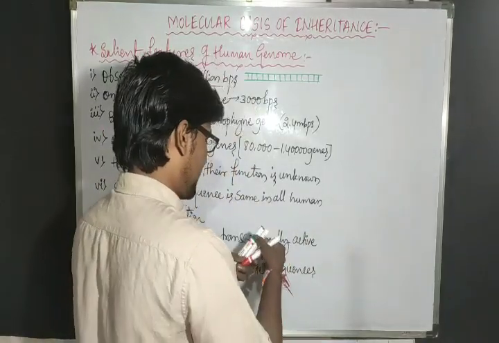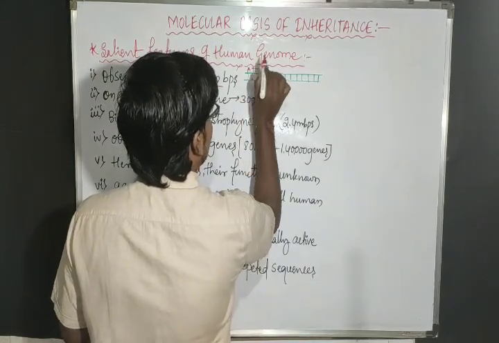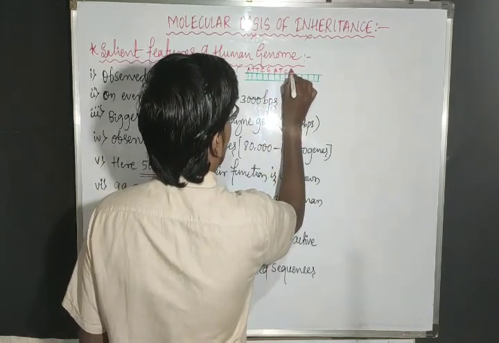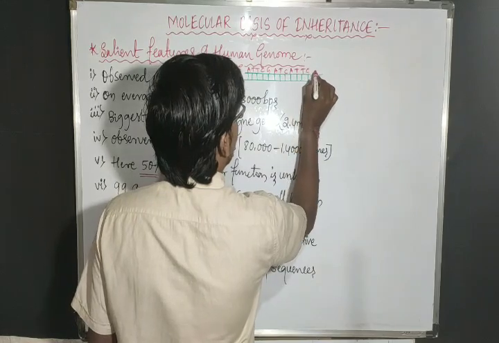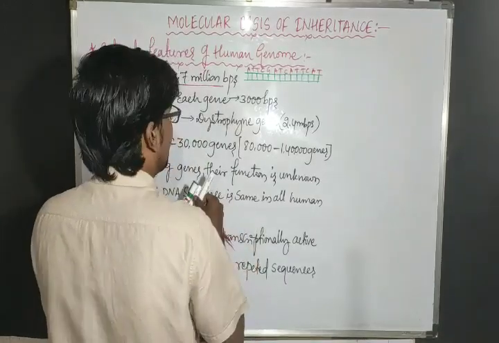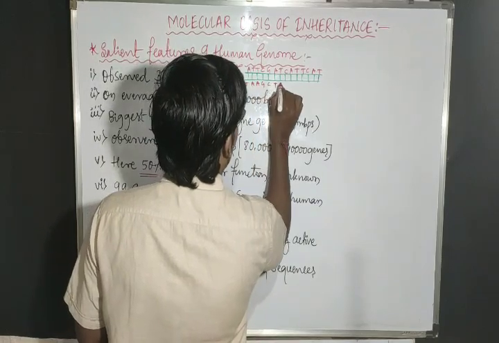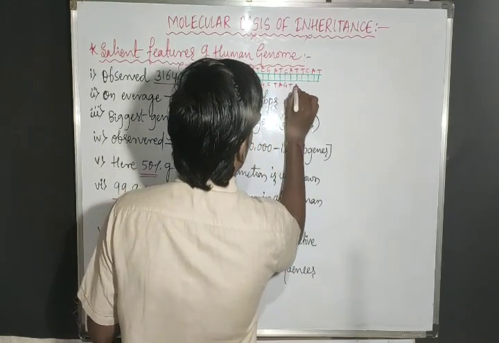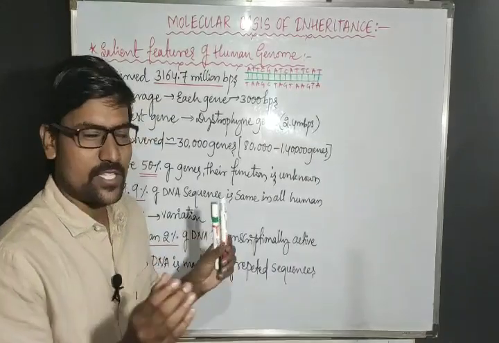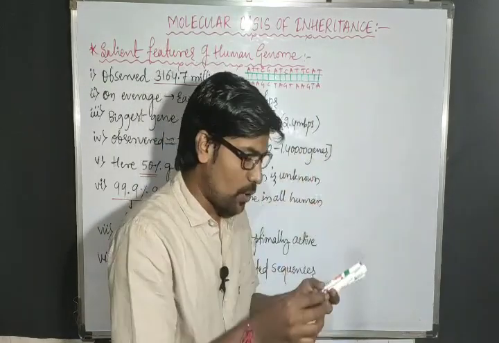Let me tell you. ATTC, GATC, ATTC, AT. Now here, downside, T, A, G, C, T, A, G, T, A, G, T, A. Now imagine I have one small piece of DNA, not the total DNA, a small piece of DNA.